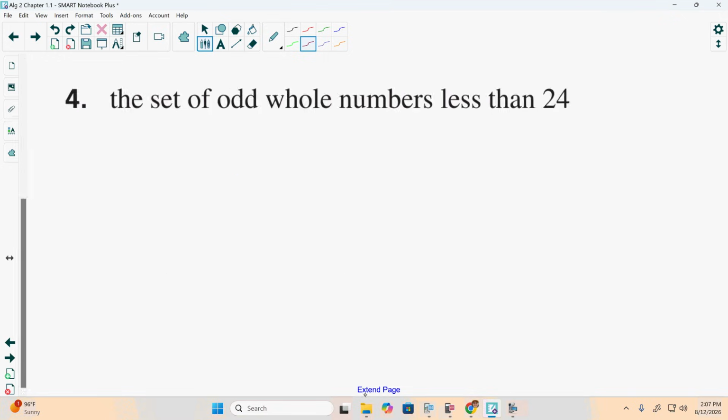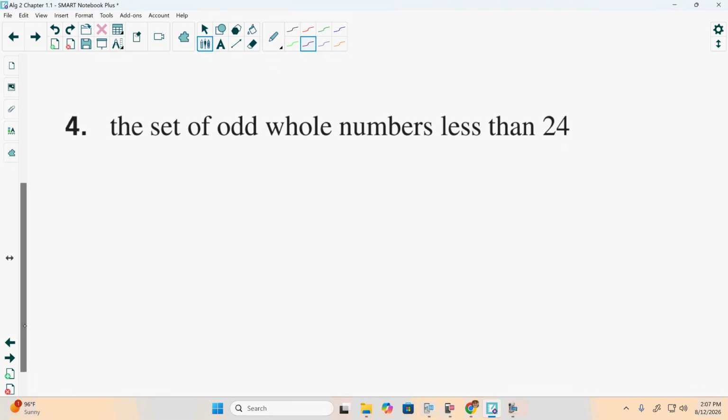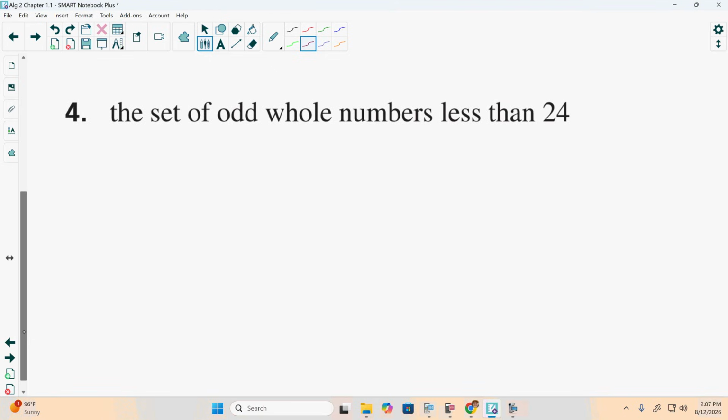Let's look at number 4. The set of odd whole numbers less than 24. What would our smallest number be? 1. Why not 0? 0 is even, so we have to start at 1.